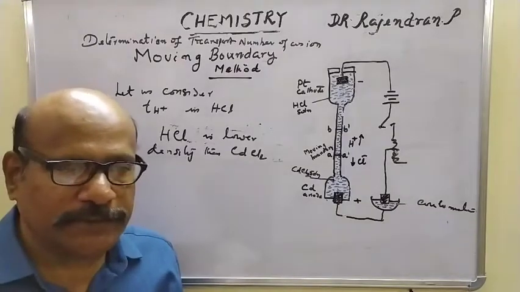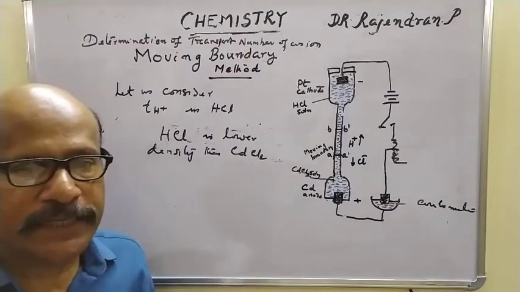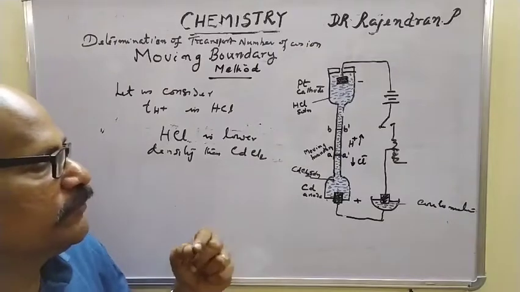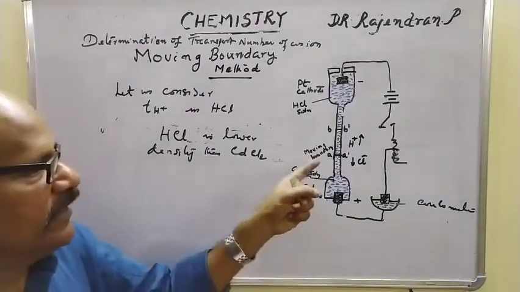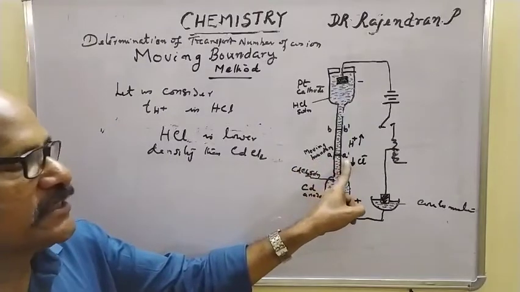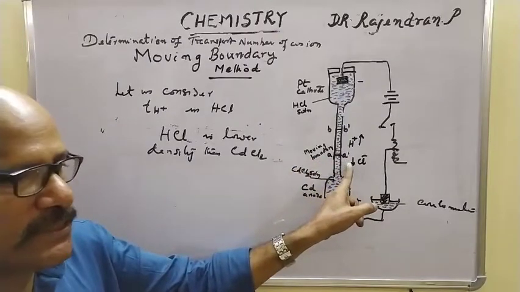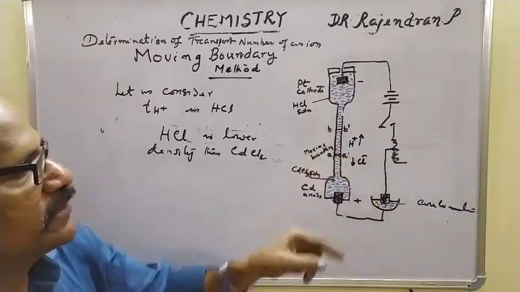Since the H plus ion is much faster than the chloride ion, you can see that under the influence of the electric current, the initial boundary A dash is seen to move upwards.